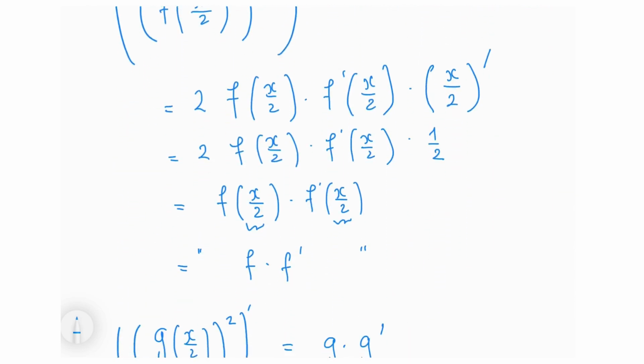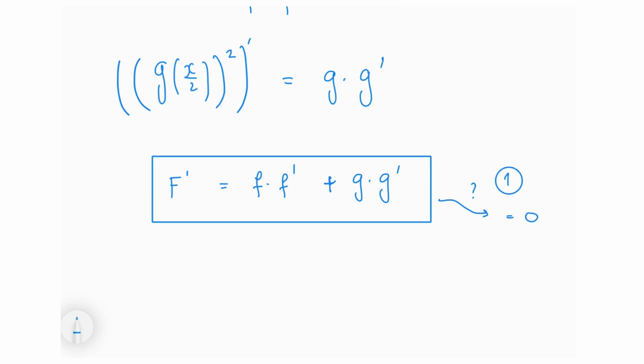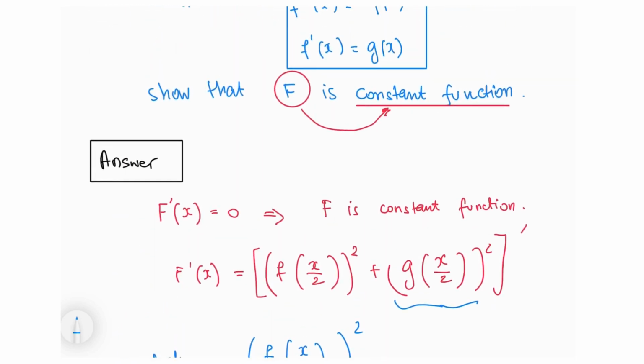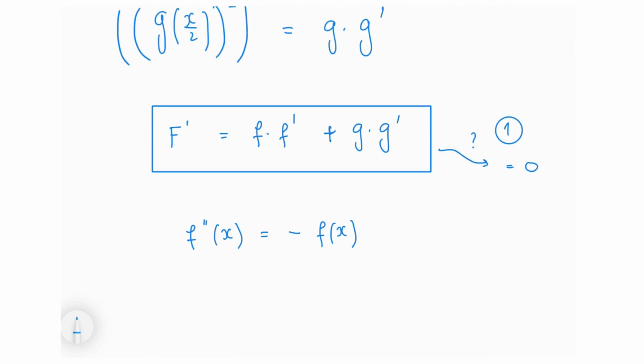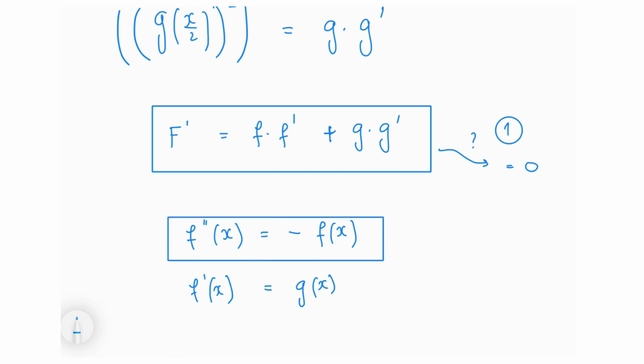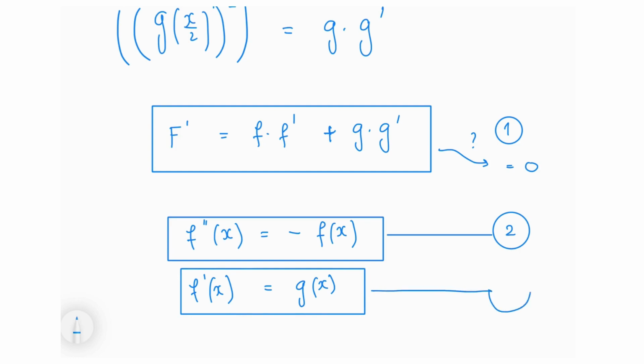So f, the second derivative of x is minus f of x, and f prime of x is g of x. Let us call this 2, and this we are going to call 3.